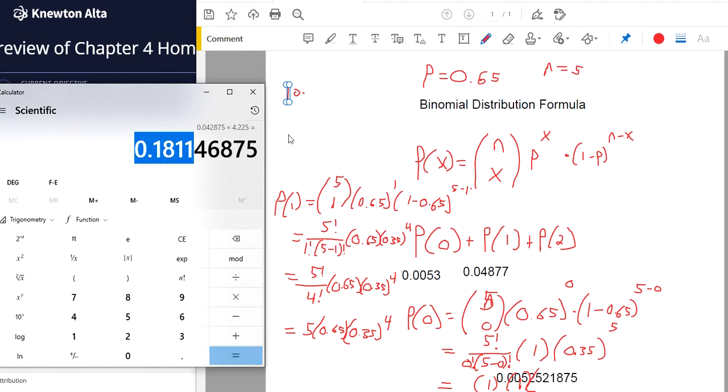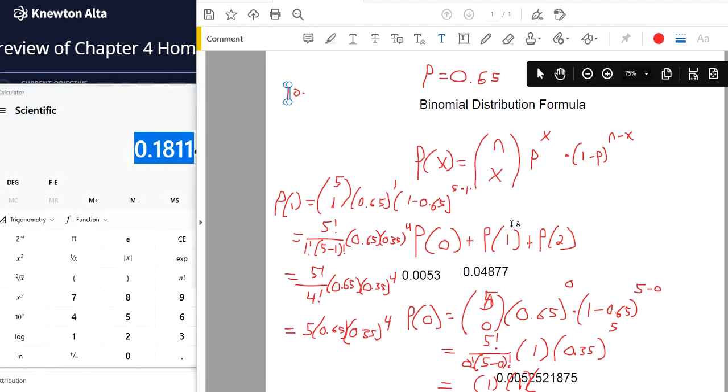So that's my probability when x equals 2.